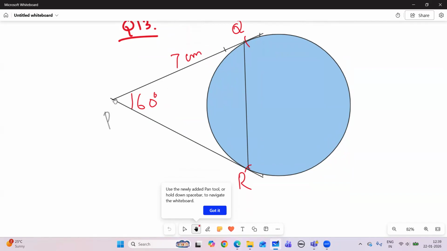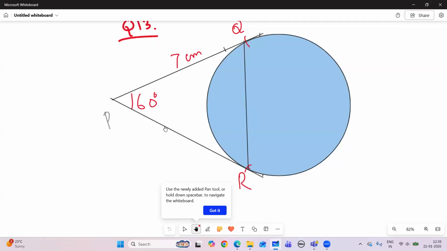See, from P, we are given two tangents to the same circle. PQ and PR are tangents. R and Q are points of contact. Therefore, you can join this Q and R, which are points on this circle, with a line segment, that is a chord.